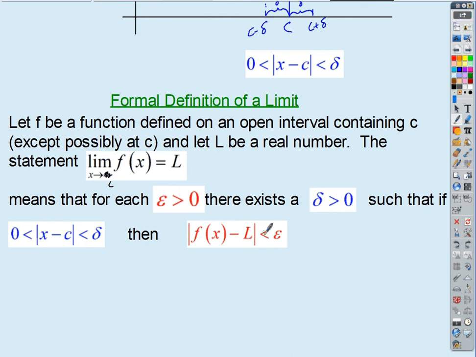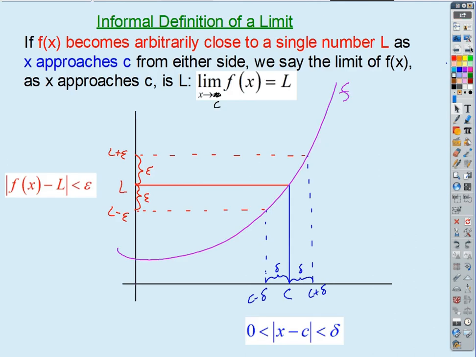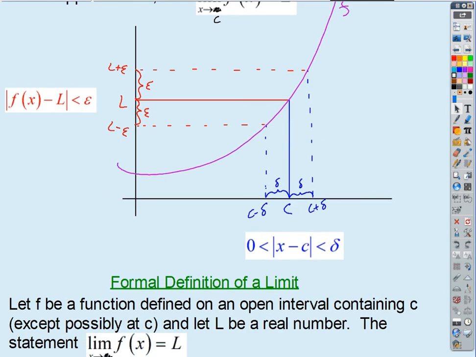Well, that's going to be a region of values centered on what? L, with a width of epsilon. Now, these are the output values, so these are the y values, right? So that's going to look like that.